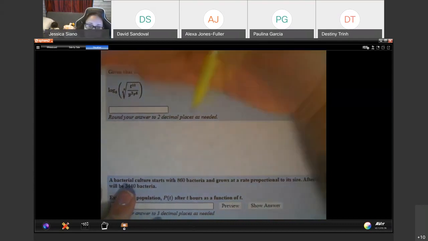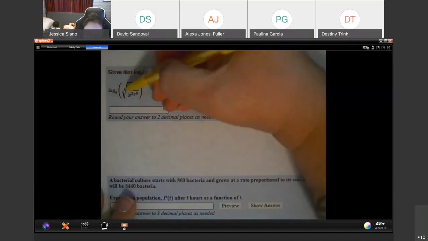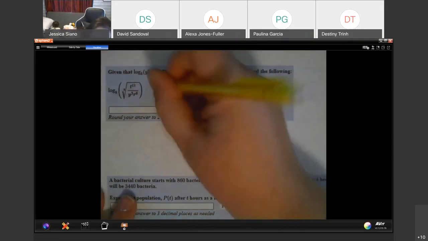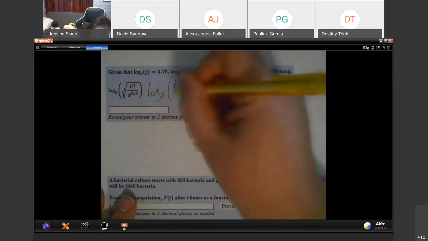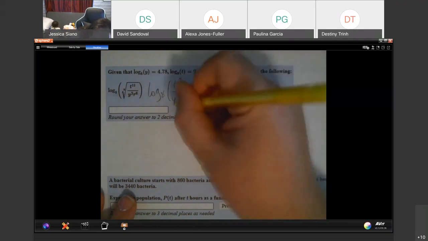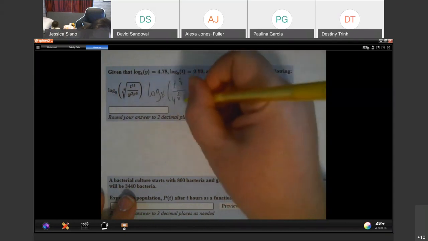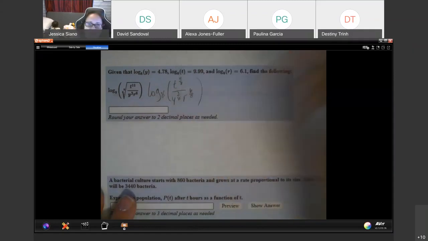I'm going to pretend this isn't here for a second, and I'm going to expand this as much as possible. An eighth root would turn all of these into a fraction over 8. So t to the 11 over 8, y to the 3 over 8, r to the 6 over 8.